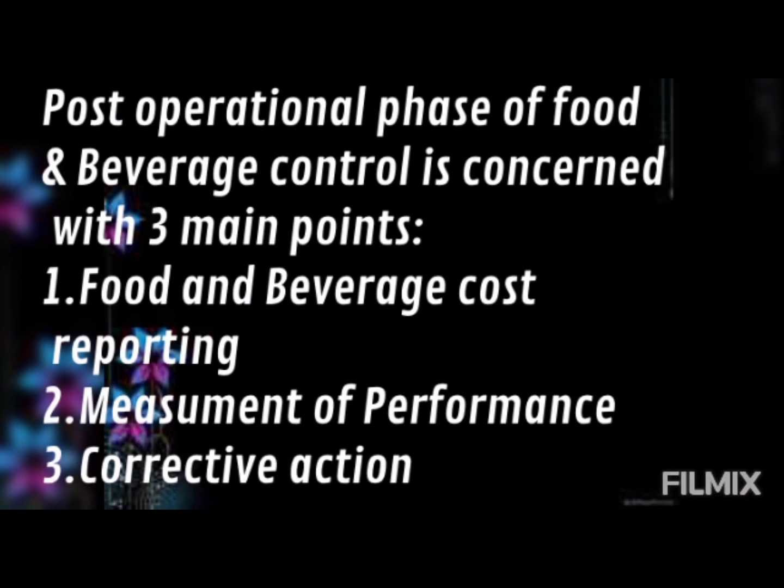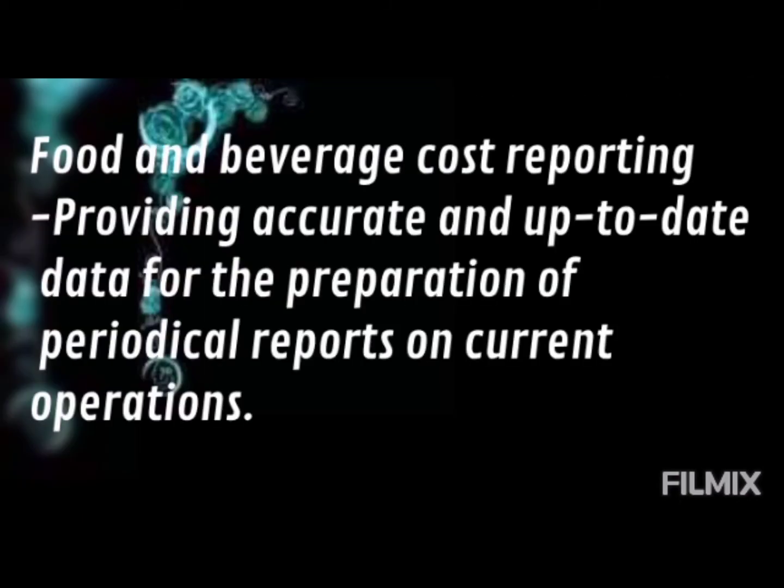The post-operational phase of food and beverage control is concerned with three main points. First, food and beverage control reporting. Second, measurement of performance. And the third is corrective action. Food and beverage cost reporting provides accurate and up-to-date data for the preparation of periodical reports on current operations.